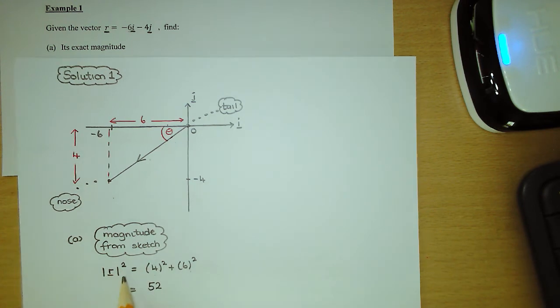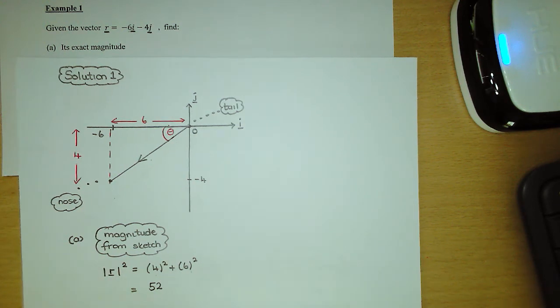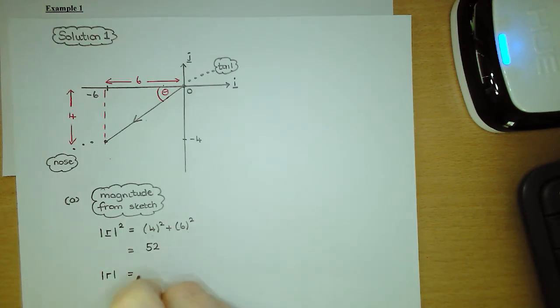We're then going to take the positive square root, so we're going to get the magnitude of r is equal to the positive square root of 52. Now, it says to give our answer exactly. So first of all, yes, it is exact. It's got a square root, but it can be simplified.